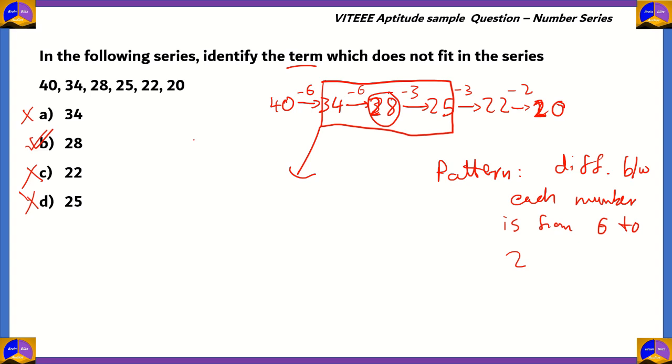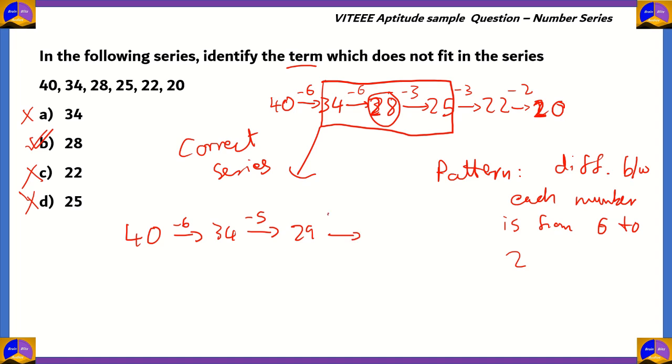The correct series for this question will be 40 minus 6 is 34, 34 minus 5 is 29, 29 minus 4 is 25, 25 minus 3 is 22, 22 minus 2 is 20.